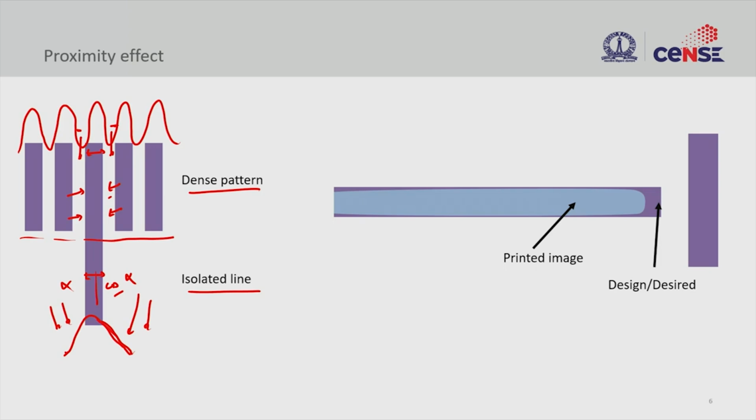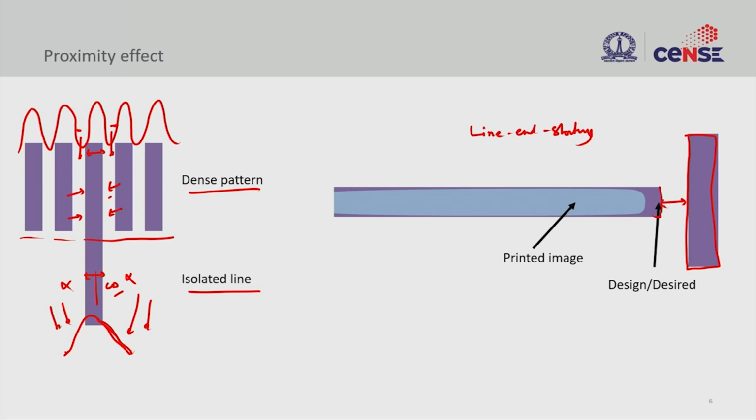And on the right side we have something called line end shortening, okay? In this case I have a line that terminates here, but I have a perpendicular feature coming close to this line. So, I have a certain distance between these two.